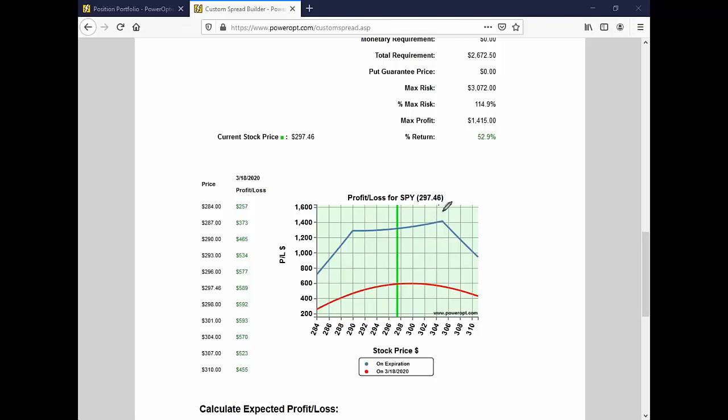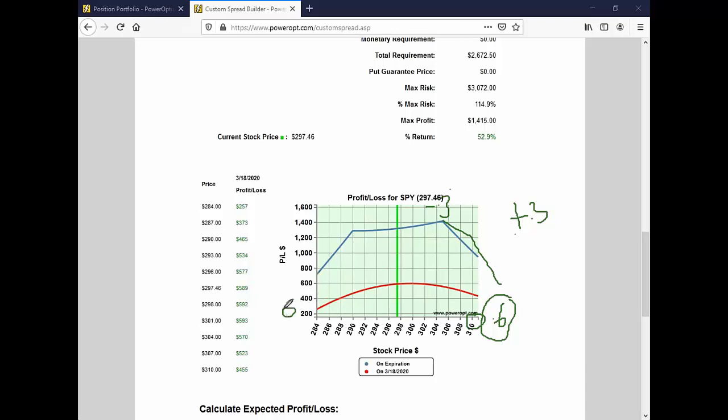Delta on my short call that we sold here is about 0.3, and the delta on my long that we bought here at 310 might be 0.6, let's say 0.7, probably 0.6. But remember, I sold this, so this is a negative delta. So just on this out of the money calendar call, I have a positive delta of 0.3. This is sold, so it's negative. This is bought, so it's positive. So combined, I have a positive delta of 0.3.